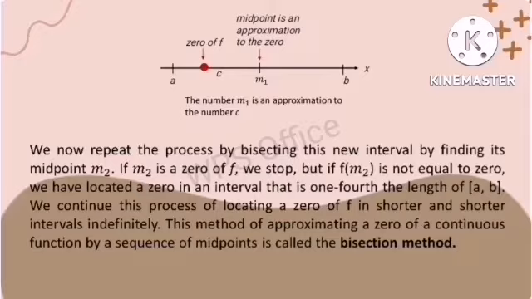We continue this process of locating a 0 of f in a shorter and shorter interval indefinitely. And this method of approximating a 0 of a continuous function by a sequence of midpoints is called the bisection method. And for you to understand more, let's have some example to be presented by Judy May.